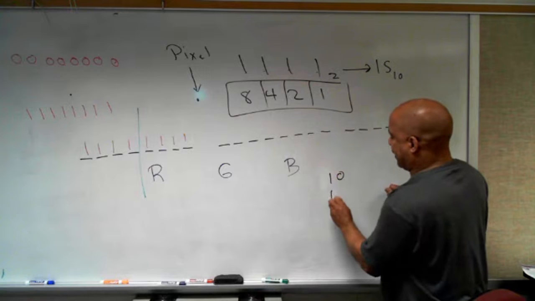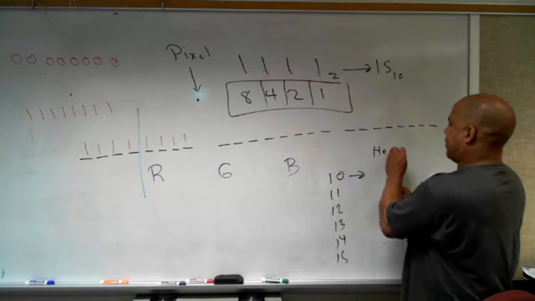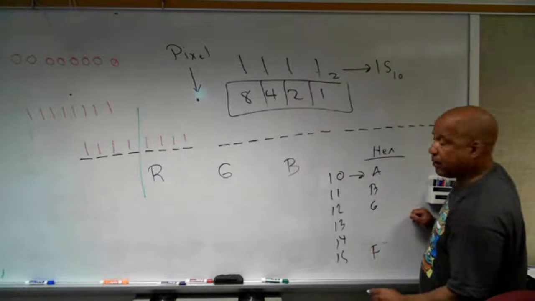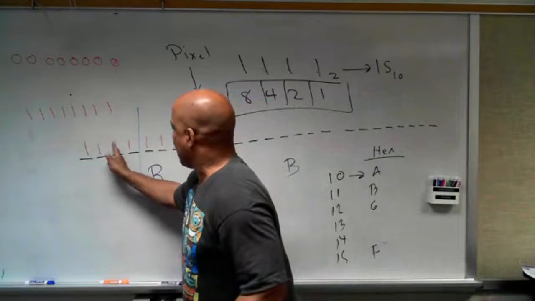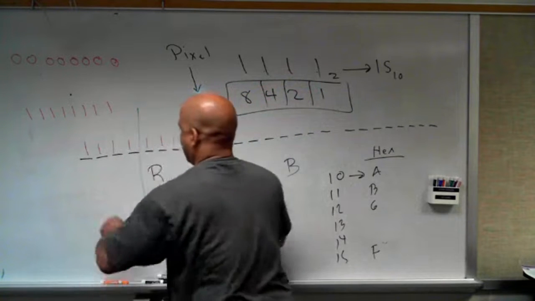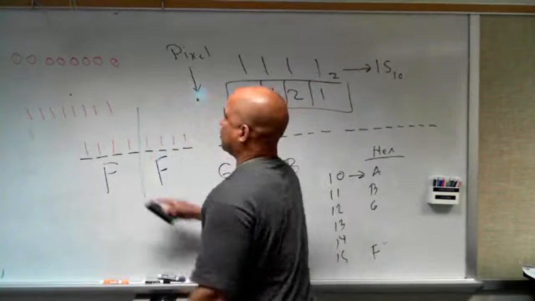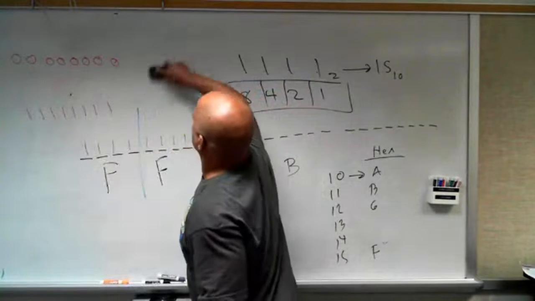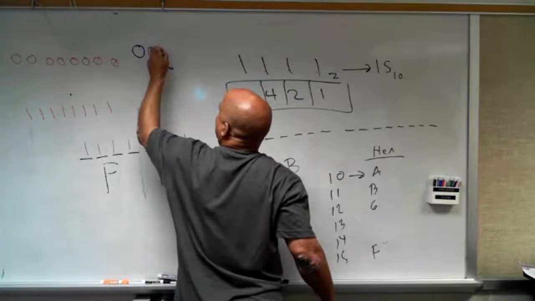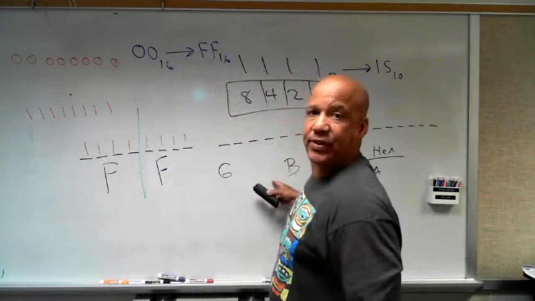But when I go from 10, 11, 12, 13, 14, 15, in hex, I use an alphabet, A, B, C. 15 would be F. So if you convert a 1111 from binary to hex, the hex value would be an F, and over here would be an F. So instead of looking at this in binary, for the color red, I can go from 0, 0, base 16 all the way up to F, F, base 16. That's a lot easier to look at than this.